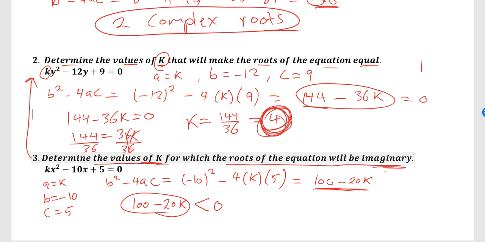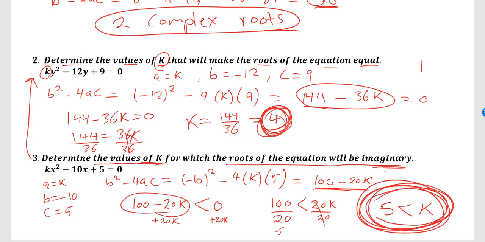Okay, so let's solve. So if we add 20K to both sides, we'll have 100 is less than 20K, and then if we divide both sides by 20, 100 divided by 20 is 5, so K is greater than 5.